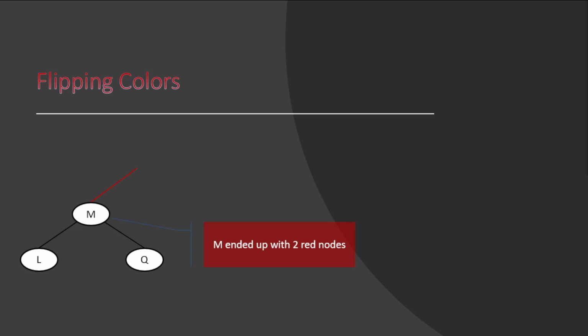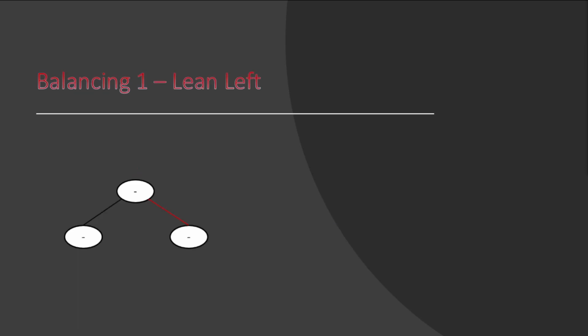But let's consider this now if we talk about the idea of leaning left. So again, I took out the values here because the values aren't really important. It might help you a little bit, but it's just the idea of moving nodes around that's really important. So if the node is red to the right, what do we do? Well, regardless of the values, if I have a red node, my right child is red, I'm going to rotate left.